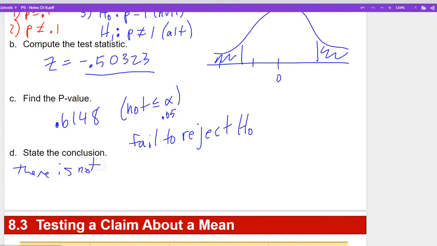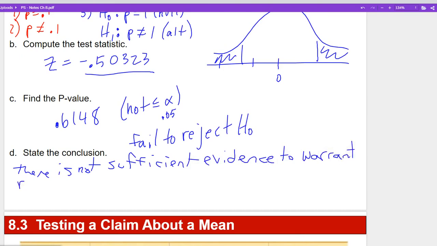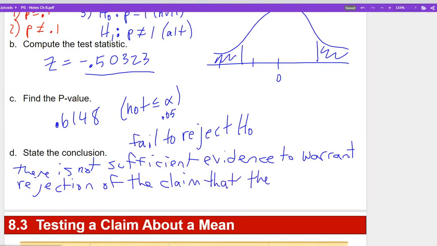There is not sufficient evidence to warrant rejection of the claim. What was the claim? That the rate of inaccurate orders is 10%.